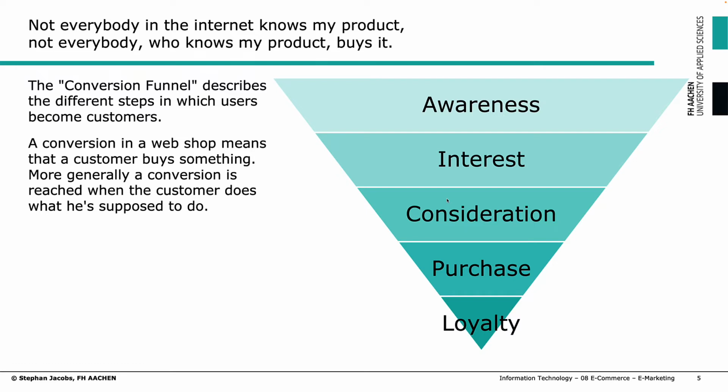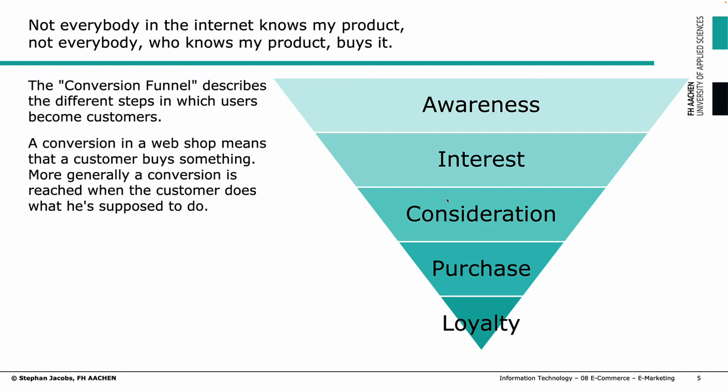And this constant losing of a part of these people is simply describable using a funnel. So you can see here that the triangle is shaped broad at the very top, but becoming more and more narrow as you go down.